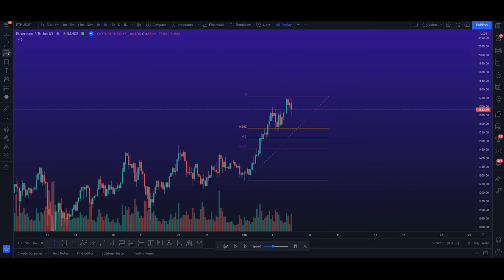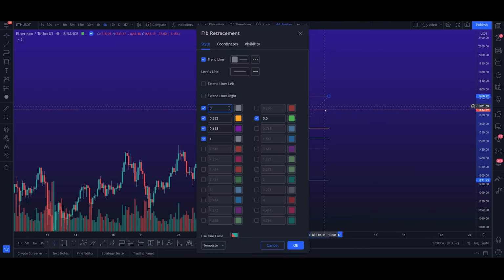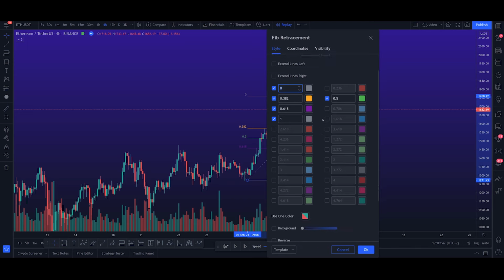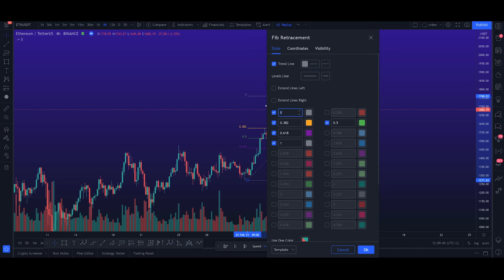You can find it in the TradingView toolbar right here, and you can plot it from top to bottom, from bottom to top. We will see how we plot it depending on the trend that we want to trade on. But for now, just going into settings, we are going to simplify this. So if you guys want, you can copy my settings right here.